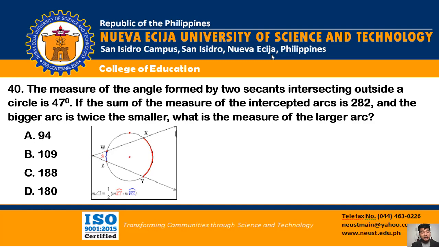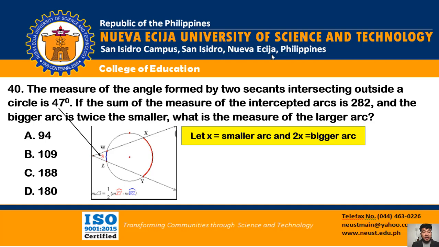Two secants intersecting outside the circle. So angle 3 is 47 degrees. The angle measures 47 degrees, and then we are looking for the measurement of the larger arc, given the condition that their sum is equal to 282, and the bigger arc is twice the smaller.